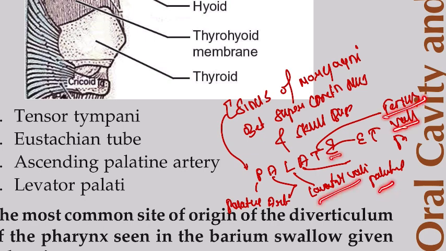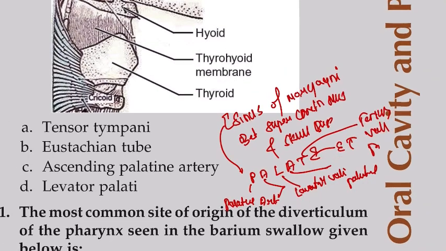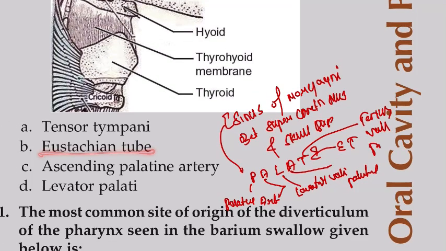From E we have Eustachian tube, which is passing through, right. Tensor tympani is not passing through. We are talking about the ascending palatine artery passing through it. So tensor tympani is not related to the sinus of Morgagni.